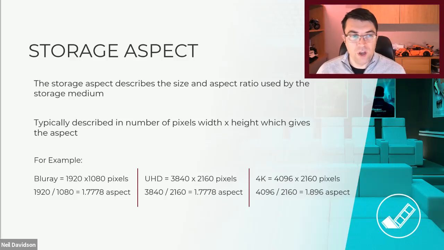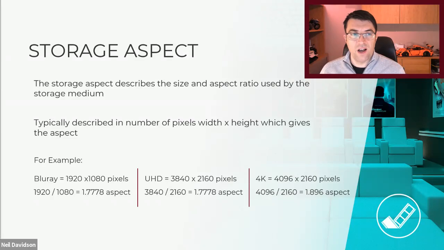When we move up to UHD, and I've used that term on purpose, incidentally, UHD is 3840 by 2160. 3840 divided by 2160 is 1.7778. Okay, again, same aspect as our normal experience has always been.